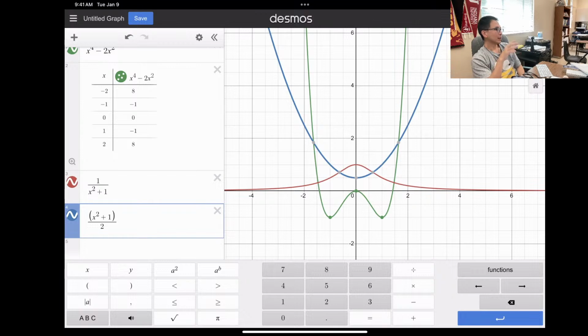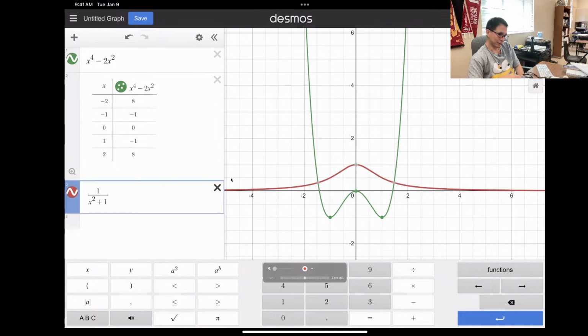X squared only equals -1 at i and -i, and that's not a real number, so it is still fine. That would be a good test question, 1 over x squared plus 1, just because it looks like the bottom is not differentiable, but it is. Doesn't mean I'll put it on a test, but it'll be a great test question.